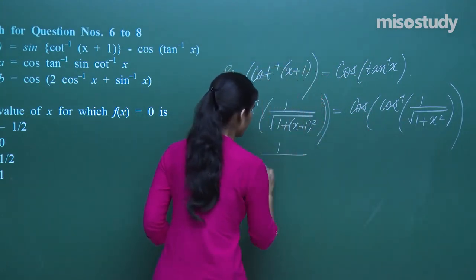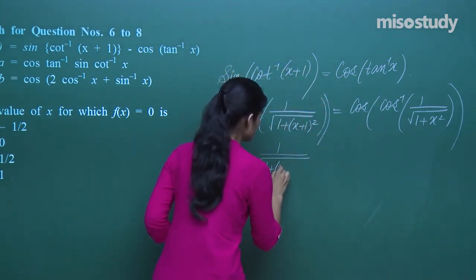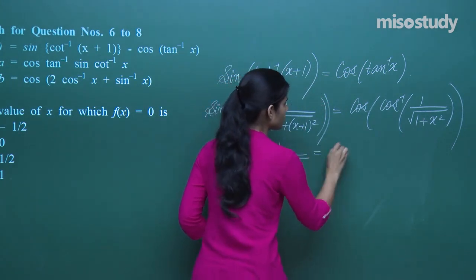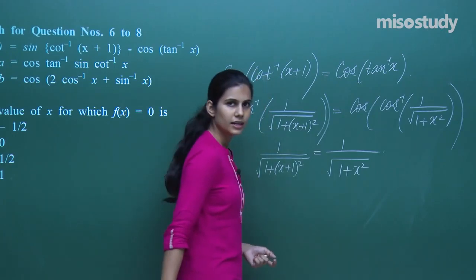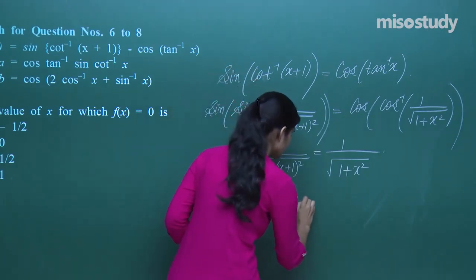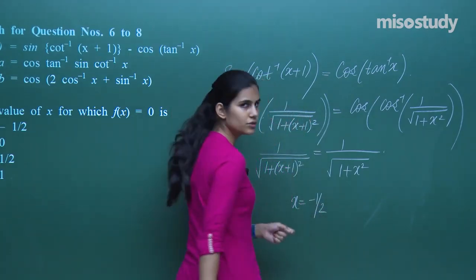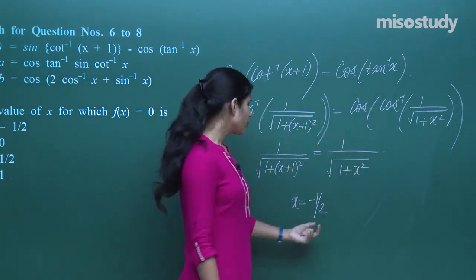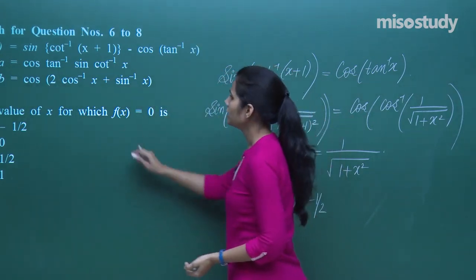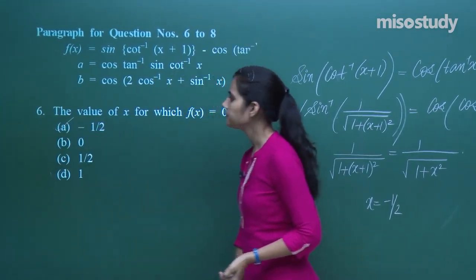So you get 1 upon under root 1 plus x plus 1 whole square equals 1 upon under root 1 plus x square. When you resolve this, you get x is minus 1 by 2. That means f(x) is 0 for x equals minus 1 by 2, and your answer is option A.